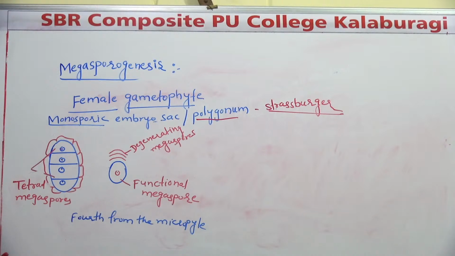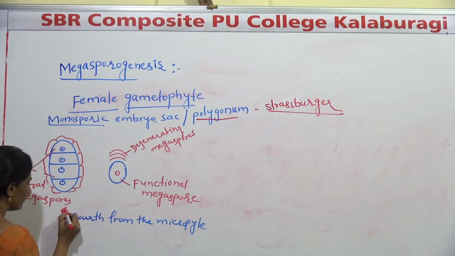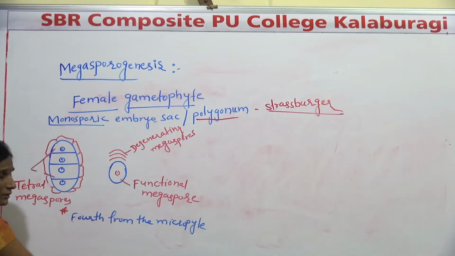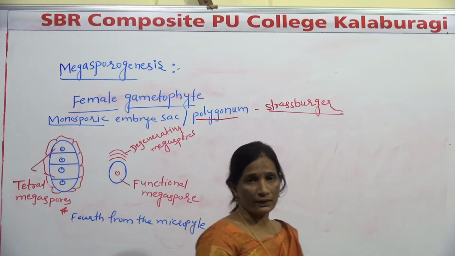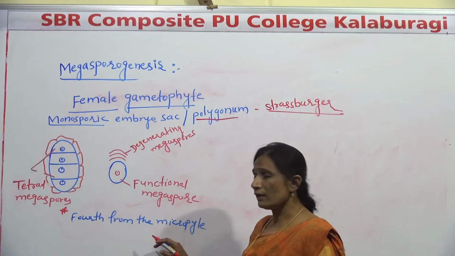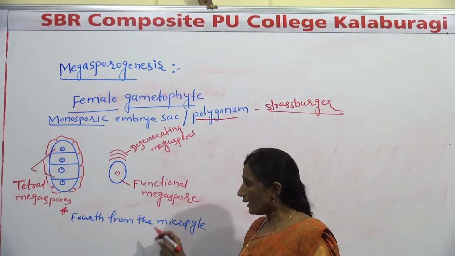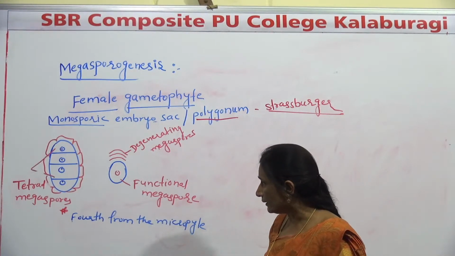Is it clear? It is a very important point. So which megaspore is functional? The fourth from the micropyle.